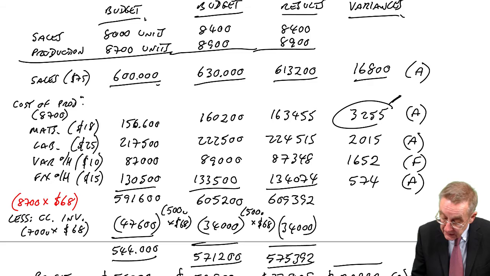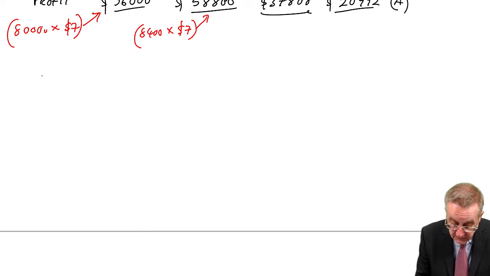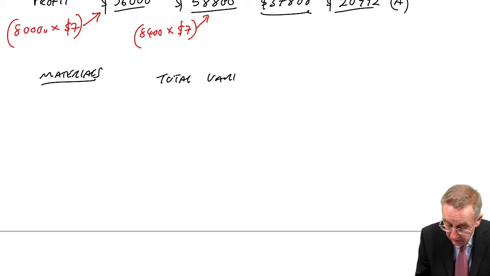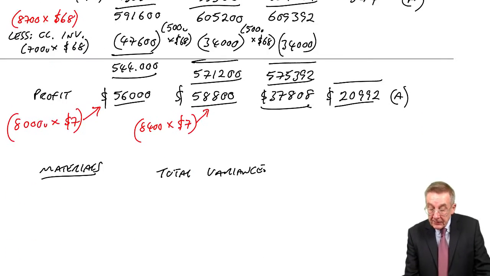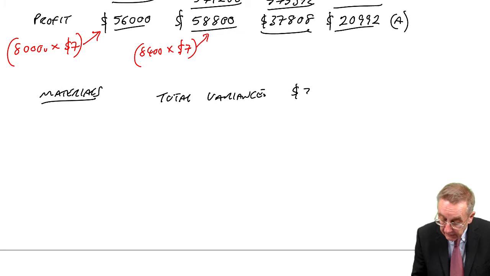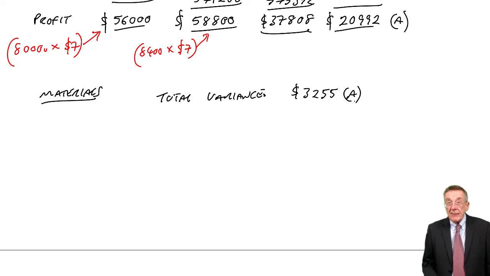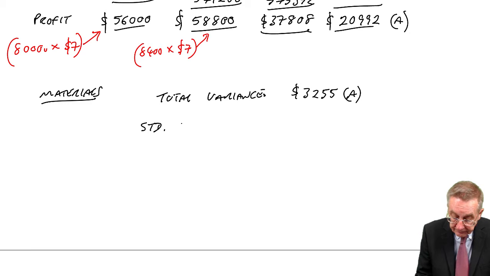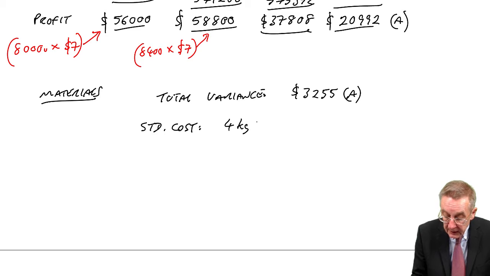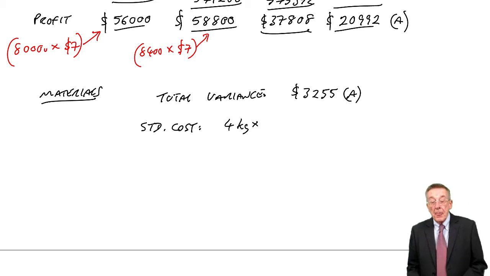First of all, materials. We've worked out the total variance. We know from the cost card that we've overspent 3255. We've overspent, it's adverse. And I said we want to know why, because the standard cost, according to the cost card, should be 4 kilos of material for each unit.